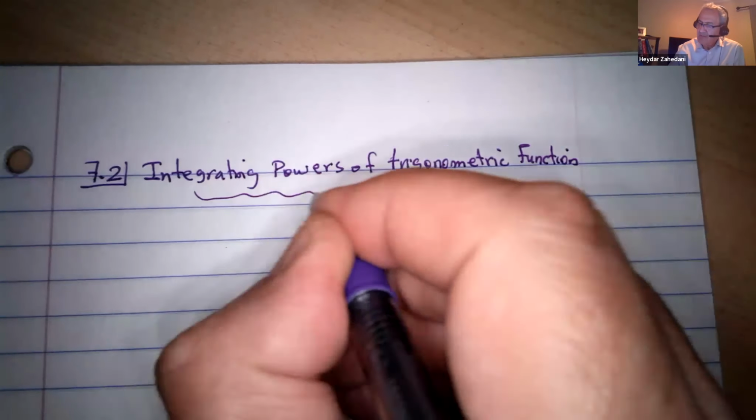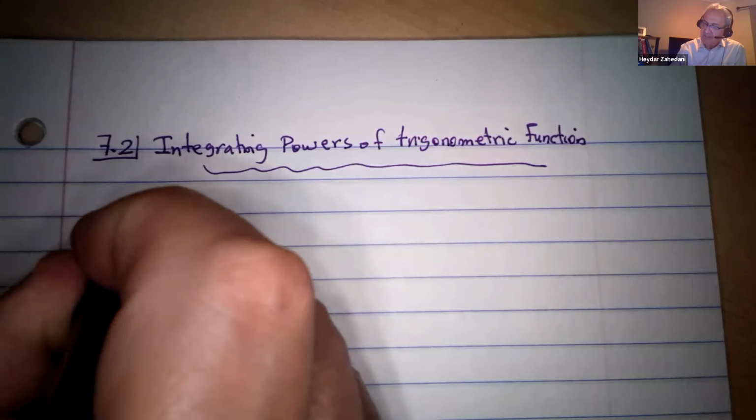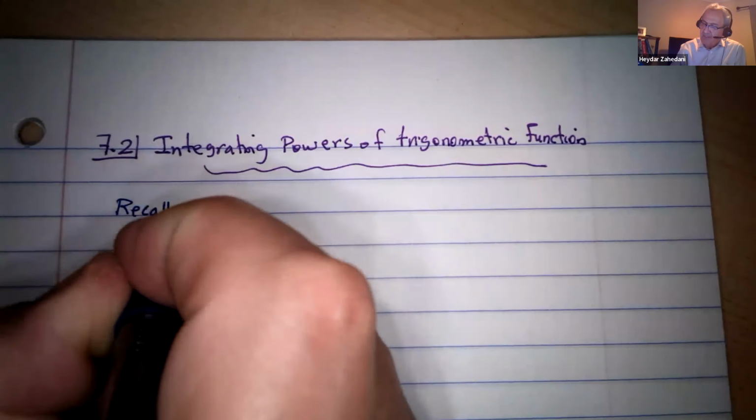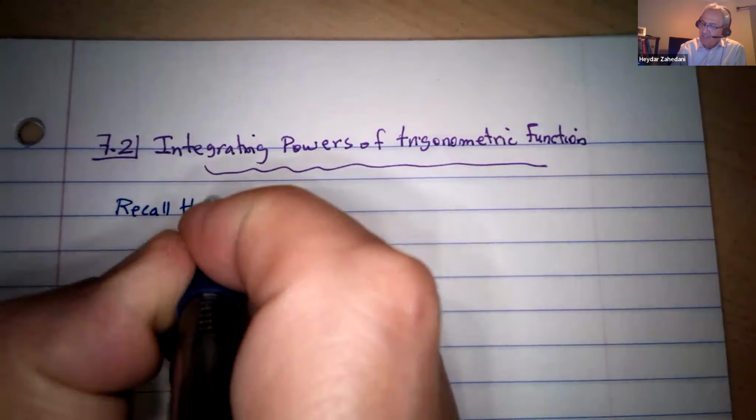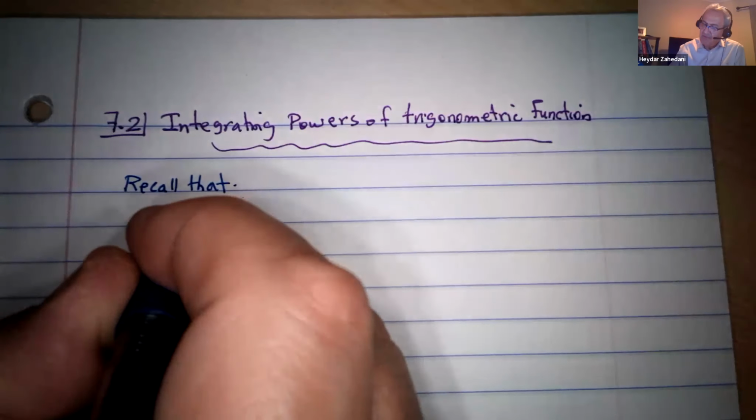Just recall that if you have a power of a trigonometric function, this is the way you can take care of it from calculus 1. We want to use substitution.